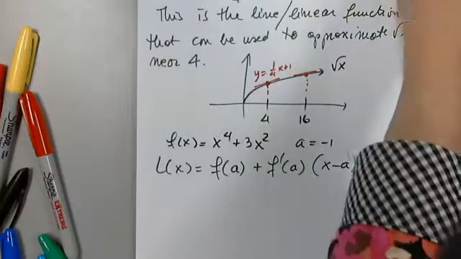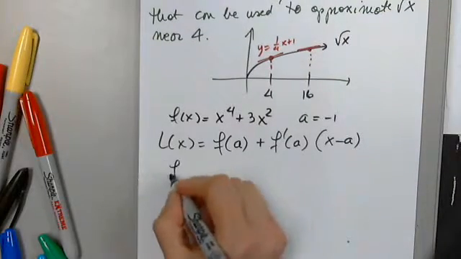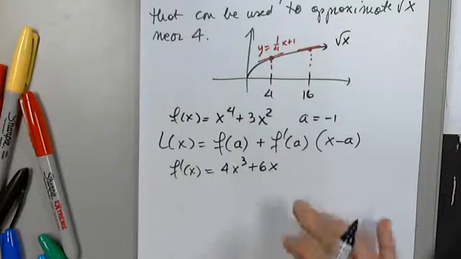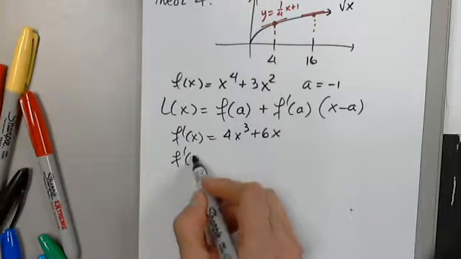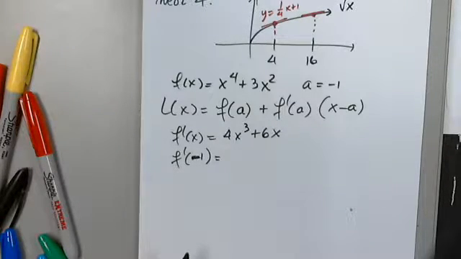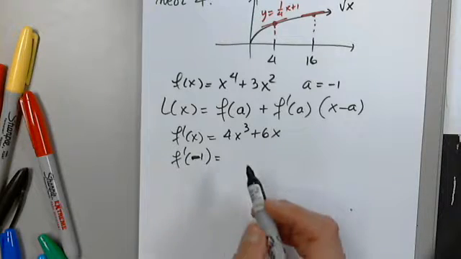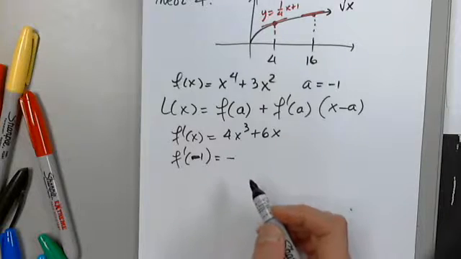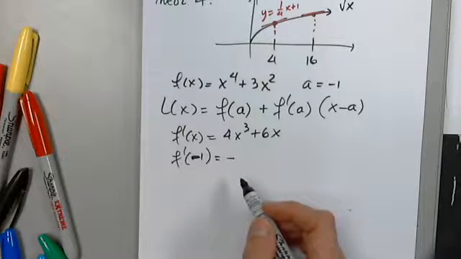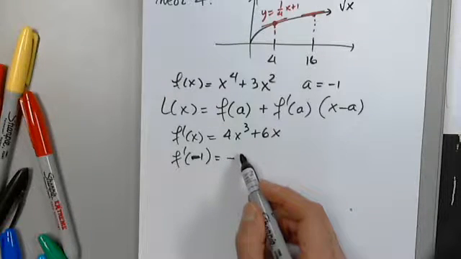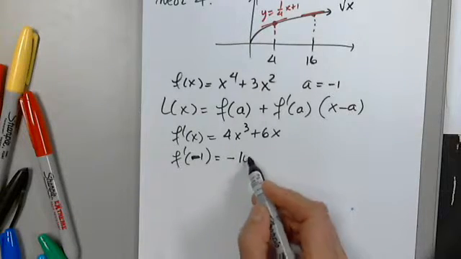Good. So I have to find what now? I have to find f prime of x, which is 4x cubed plus 6x. Very good. I have to find f prime of a, which is -1, before I put them in. And that would be -4 minus 6, which is -10.